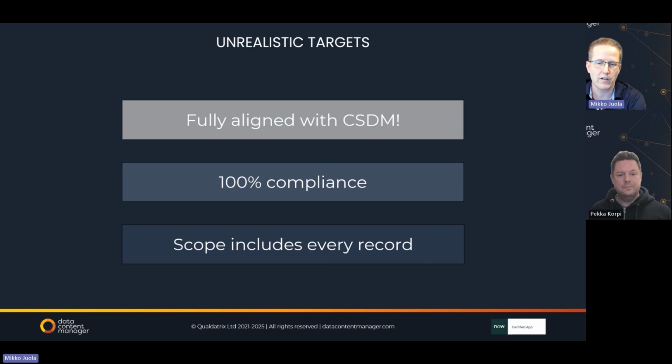So not every record is considered equal, and when setting the targets, you also need to think about the scope. So if you combine all these three, like being 100% compliant with CSDM, including every possible record, I'd say that's a pretty unrealistic combination. Yeah, it's not going to happen, is it?